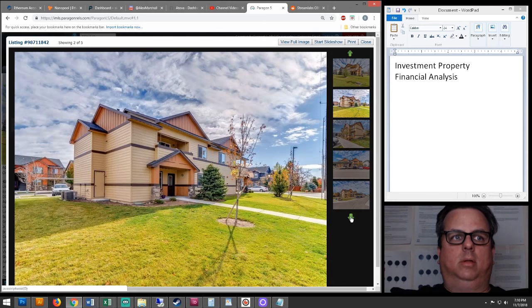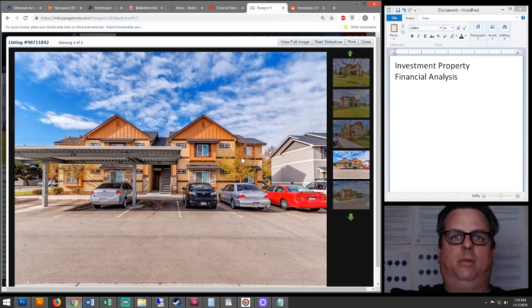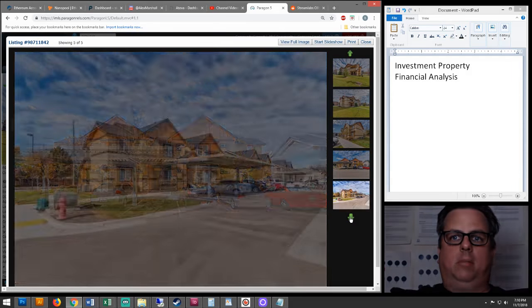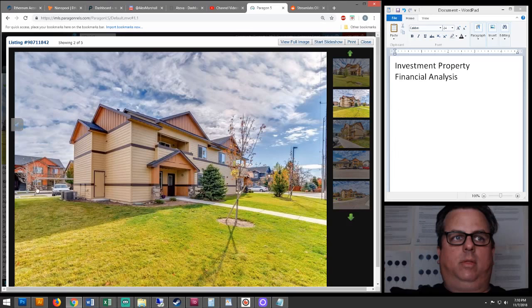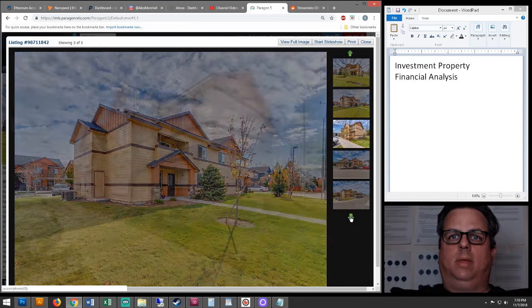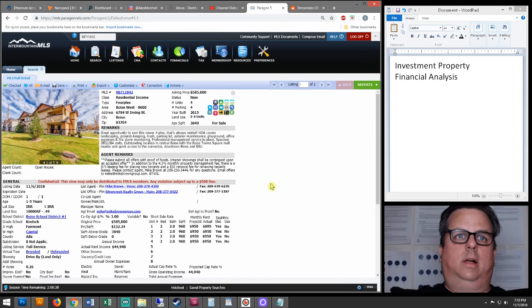I'll have to check when it's built, and it's in a little neighborhood of similar buildings. It appears there's another cool one back there. So in any case, it's in West Boise. They say it's close to BSU, and it's got all these features.